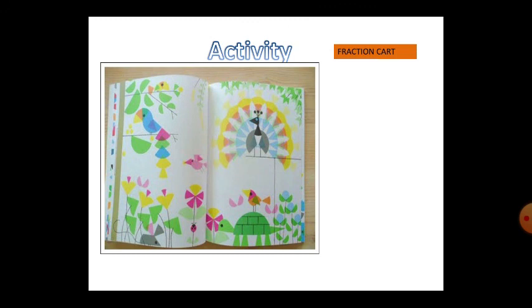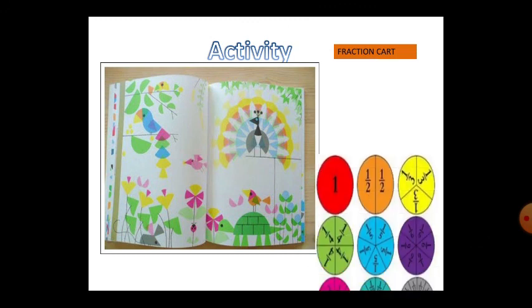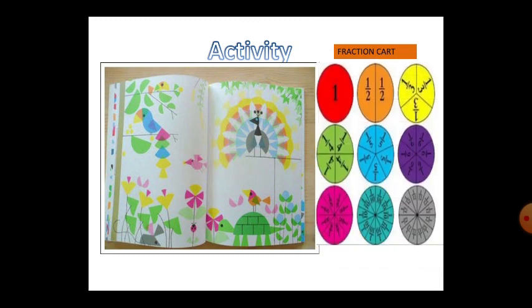And this is the activity, you have to do it yourself. Now you have to use color papers for this. See here, it is a fraction. By using fractions, they have made a peacock and a parrot. So many birds you can do. Here I have given a fraction chart, so you can use this fraction chart.